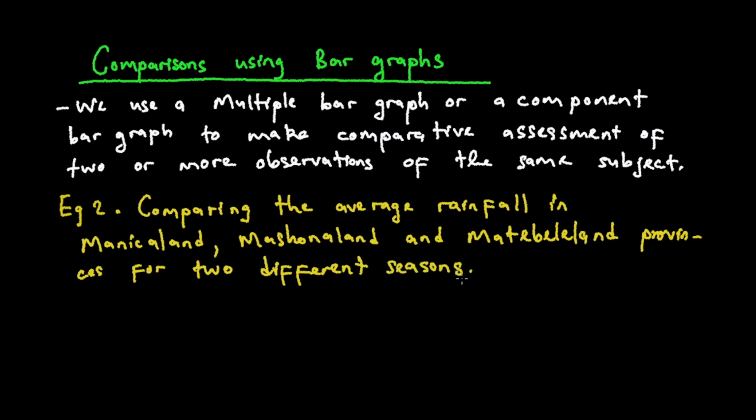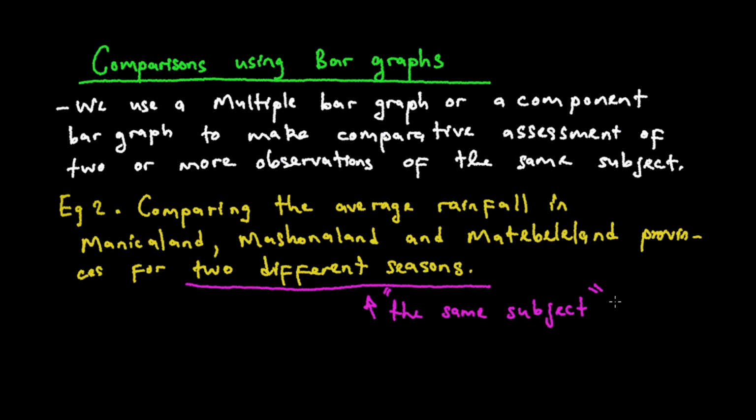Okay, we are going to be using a multiple or a component bar graph, but in order to draw our focus on this part, 2 different seasons, the same subject. The subject here is the season, but we are now comparing 2 different seasons.